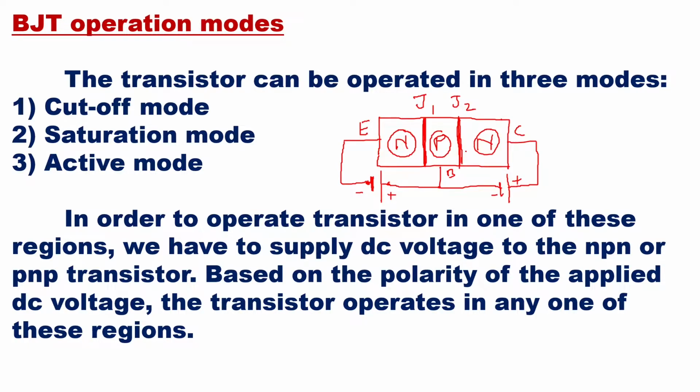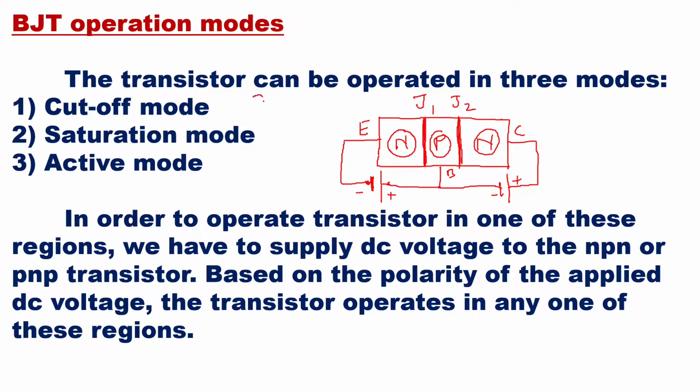The main thing is the application in which you are going to use your BJT, which will decide in which mode you have to work. Say for example, if you want to use the BJT as a switch, then for the switching application, you can make it on and off.